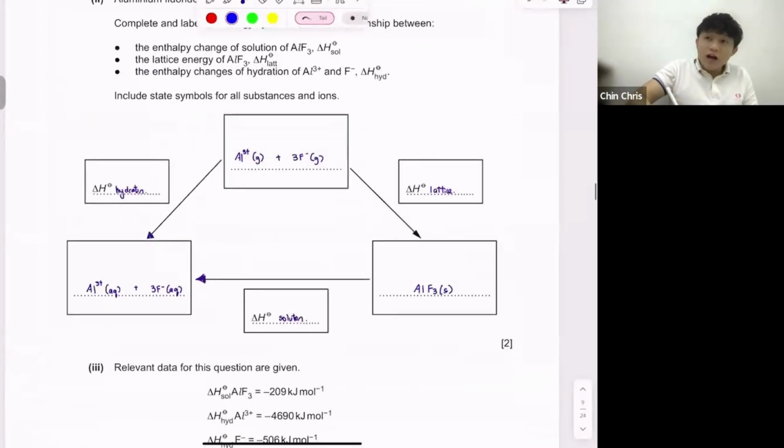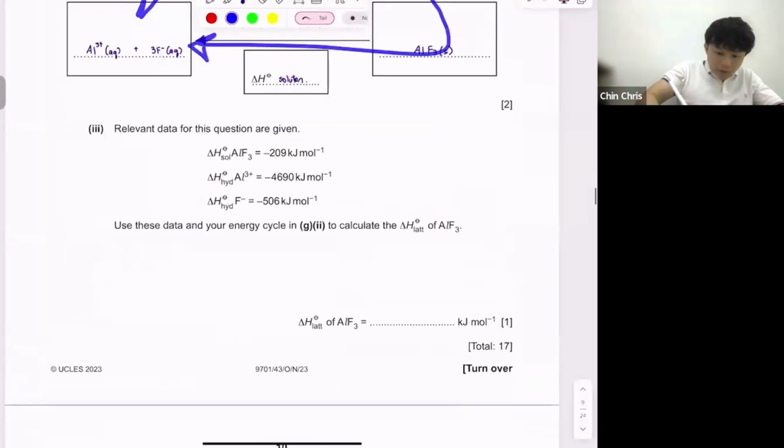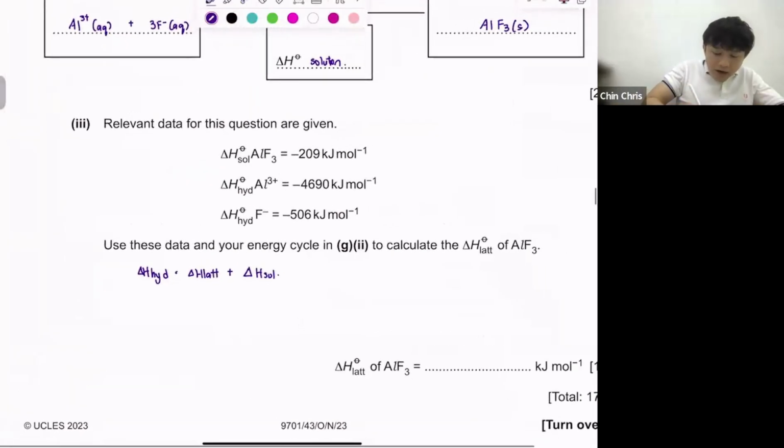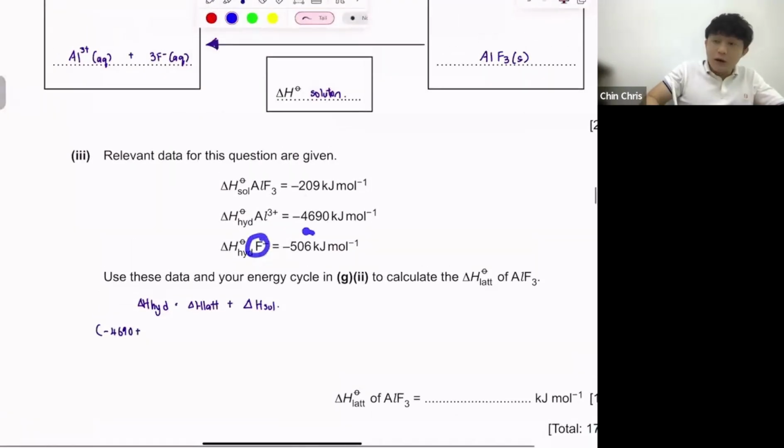So, guys, according to your Hess's law cycle, right? Hydration equals lattice plus solution, right? So, guys, what's my hydration? My hydration of Al is -4690. But don't forget you have 3F-, guys. Remember to multiply this value by 3, yeah?